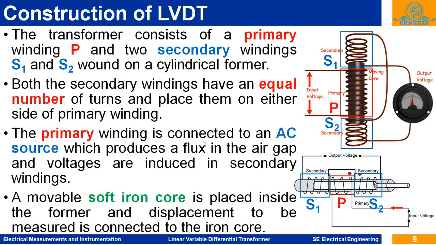The primary winding is connected to an AC source which produces a flux in the air gap, and voltages are induced in the secondary winding.